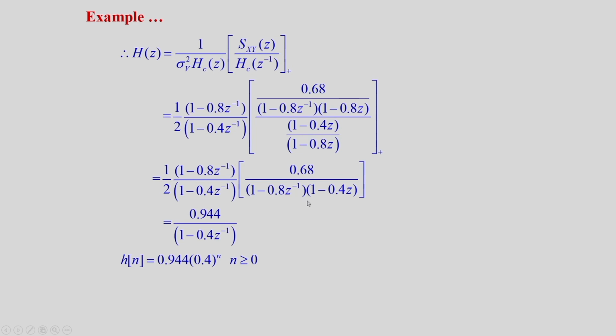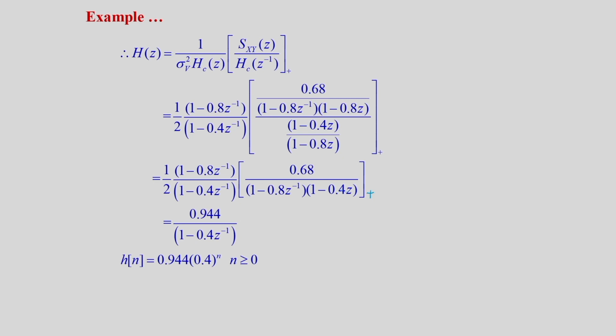We have to consider the positive part of this, and we can get the positive part of this Z transform by partial expansion of this quantity: 0.68 divided by (1 minus 0.8 Z inverse) into (1 minus 0.4 Z).